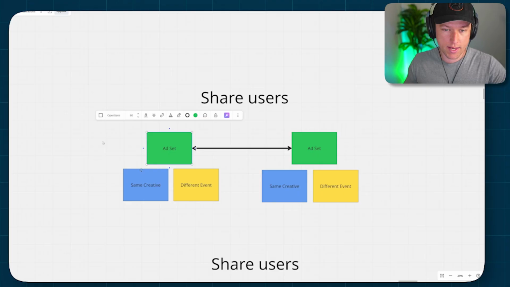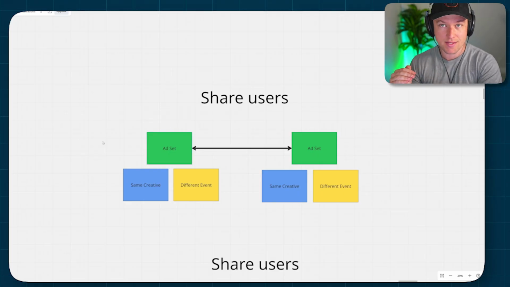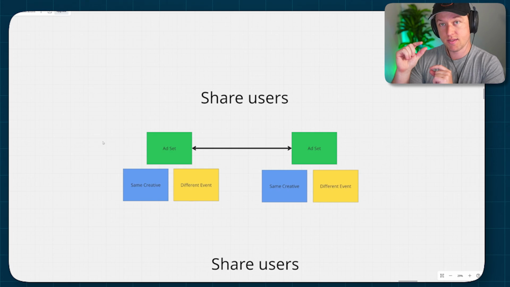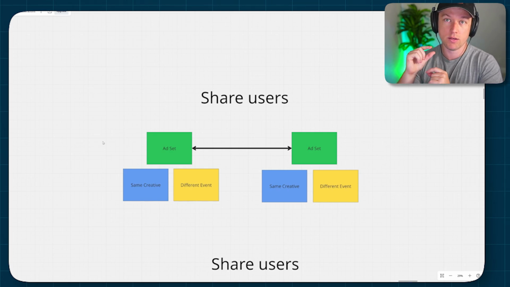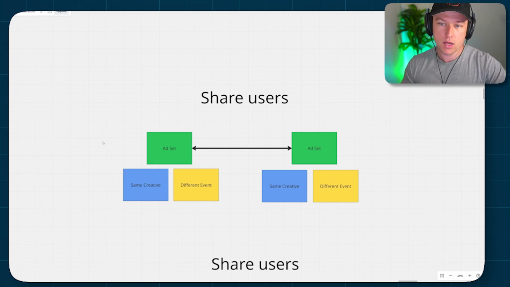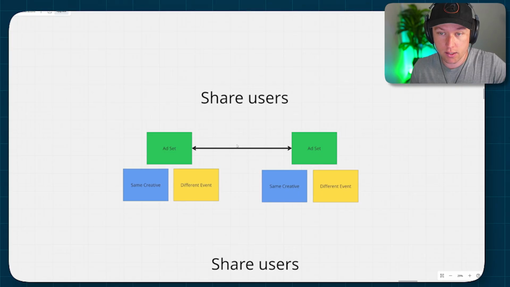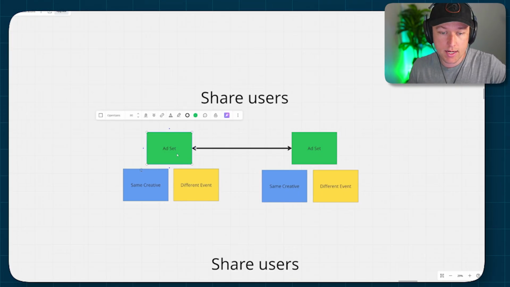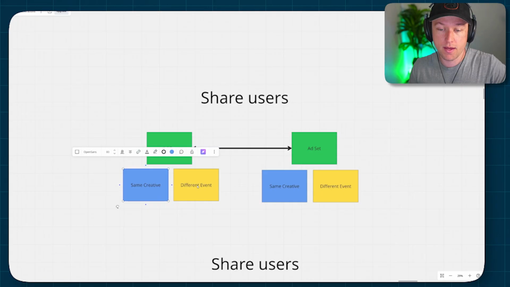So if you have one ad set, and this could be the same ad set, the same structure and build, in one campaign, it will still segment out users if you do it the wrong way. So in this scenario, this is how you share users across, so it affects it like the old way. You have one ad set here with the same creative and then a different event.